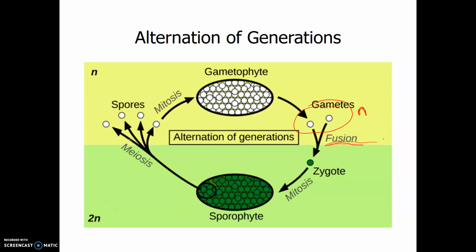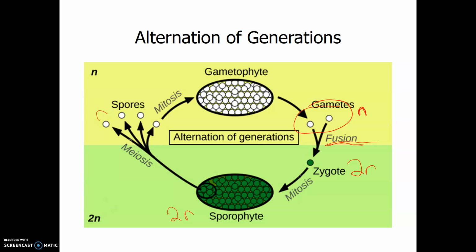Fertilization produces a diploid zygote, which divides by mitosis. This is just like the same thing that happens in humans. It divides by mitosis and produces a multicellular organism called the sporophyte. And then the sporophyte has certain cells that undergo meiosis. So the sporophyte is diploid, but when it undergoes meiosis and produces spores, those spores are haploid.